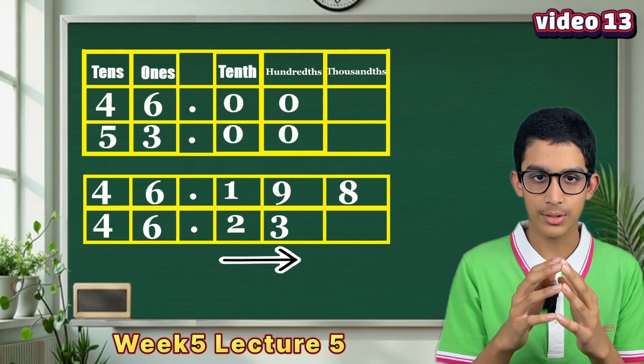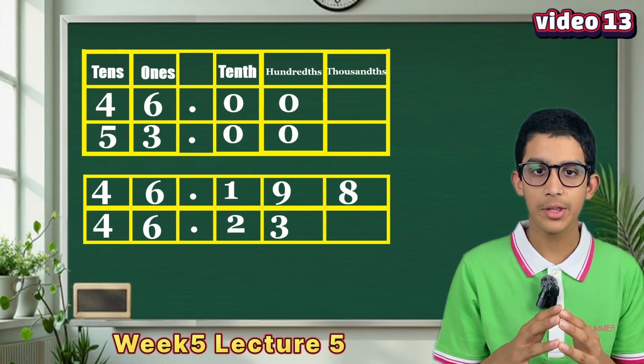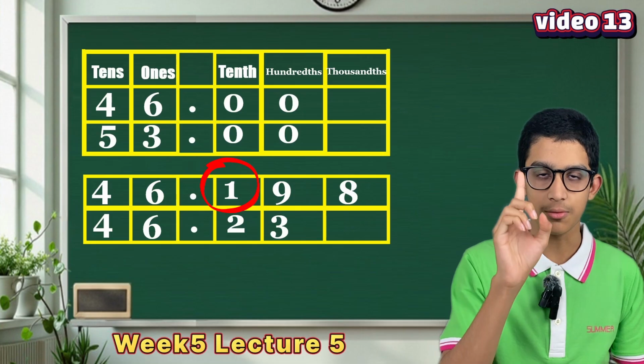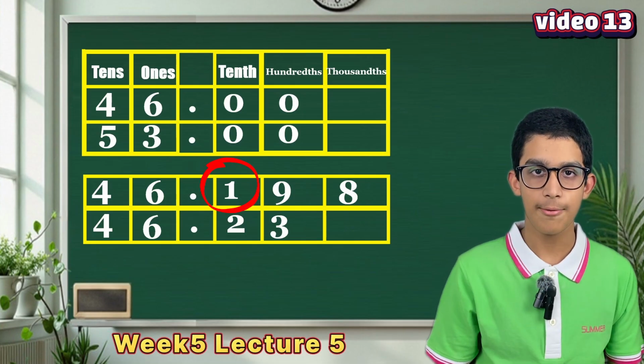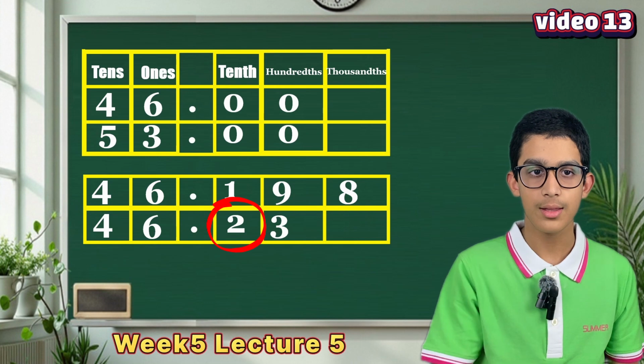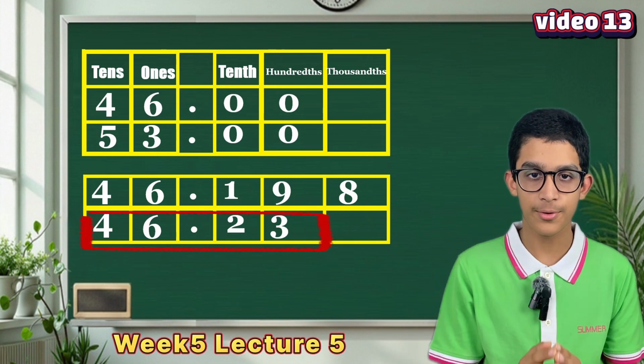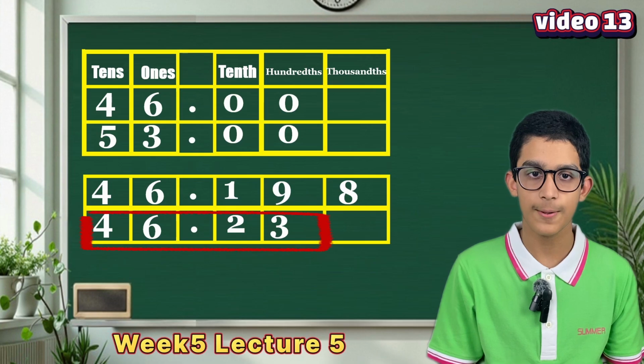So, we compare numbers from the tenths value first. 46.198 has 1 tenth, and 46.23 has 2 tenths. So 46.23 is a bigger number than 46.198.